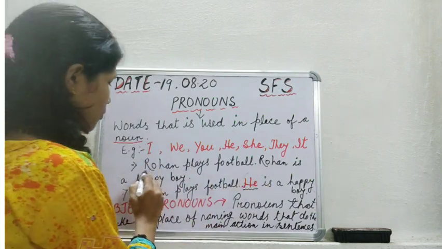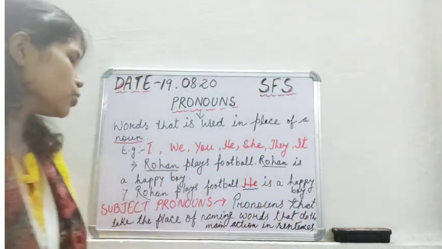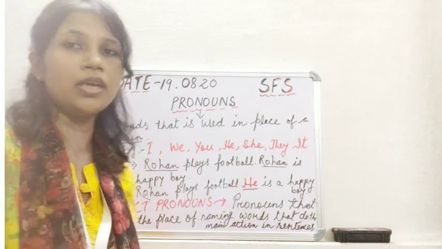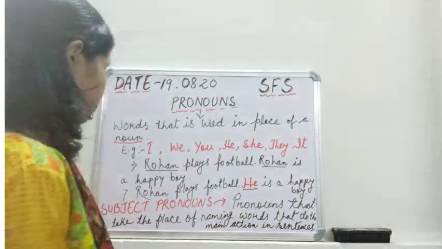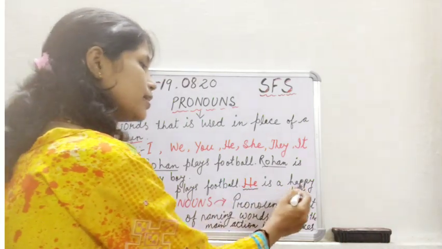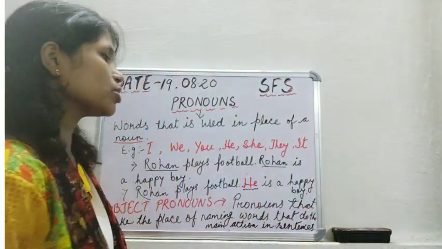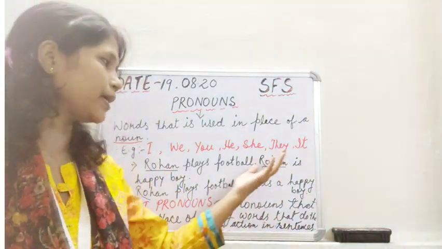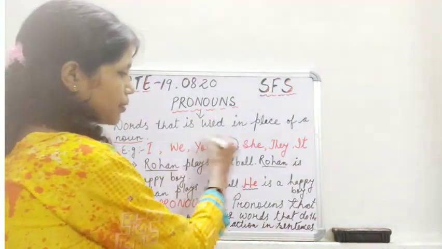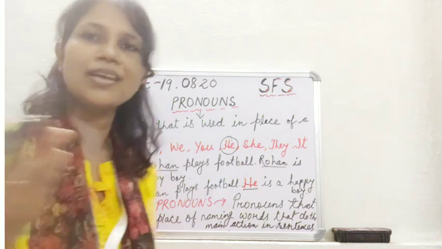In the place of the repeated Rohan, by using the pronoun he, we can write it like this: Rohan plays football, full stop. He is a happy boy. So let us not repeat Rohan twice. In the place of Rohan, we can use the pronoun he here. So, he is a happy boy.